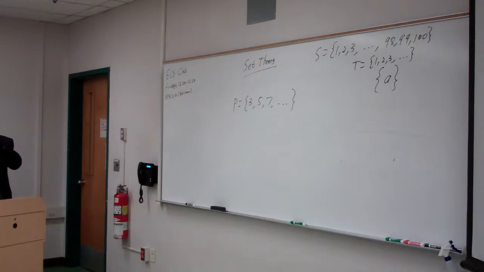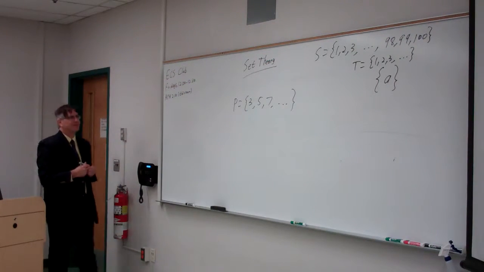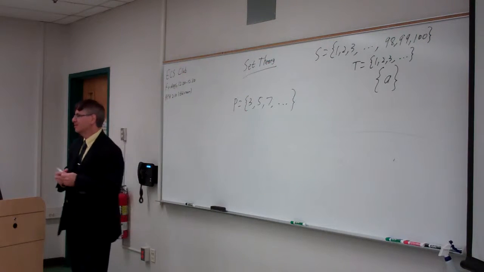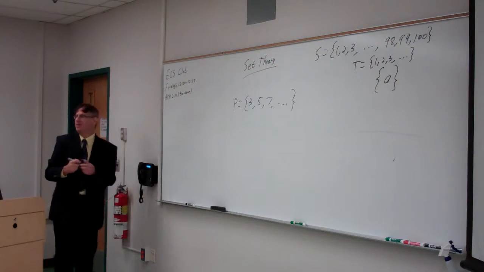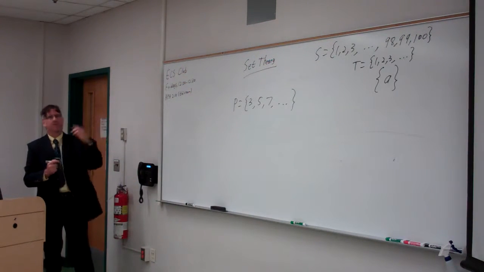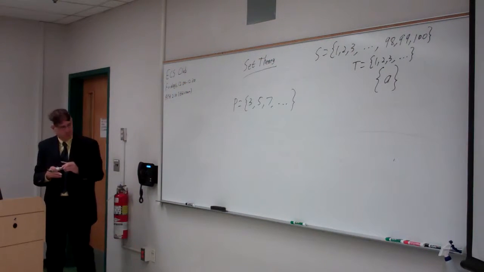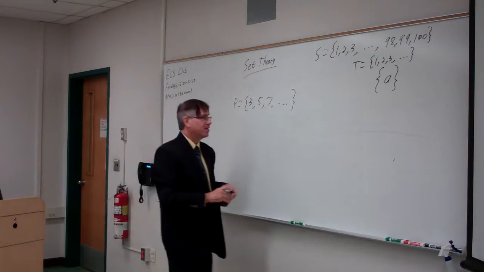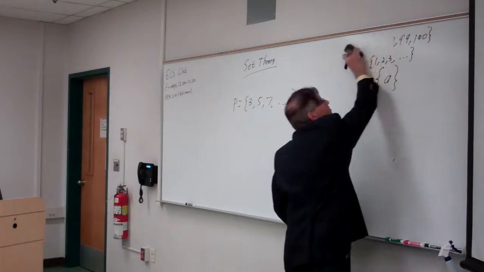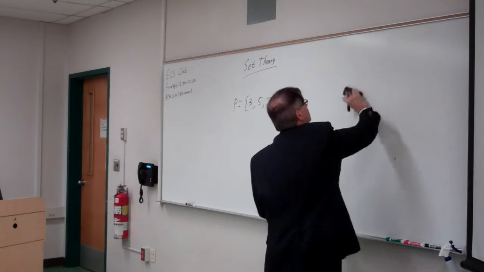Yes, but I have a feeling you're wrong. But you might be wrong because I might have meant prime numbers, 3, 5, 7, 11, 13, or I might have meant odd numbers. So this can be ambiguous. So we want a more precise mathematical way to specify sets, and we have a number of options.